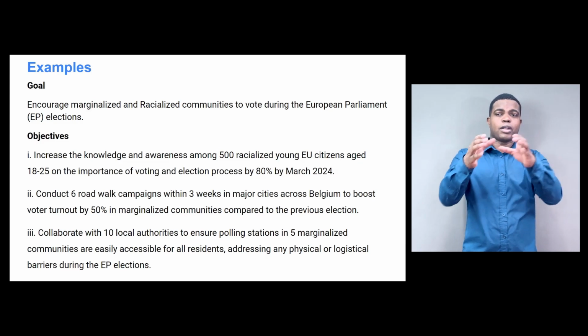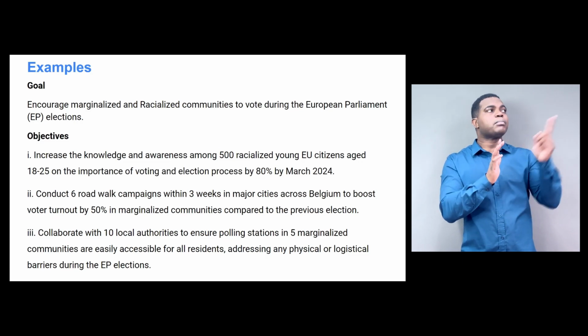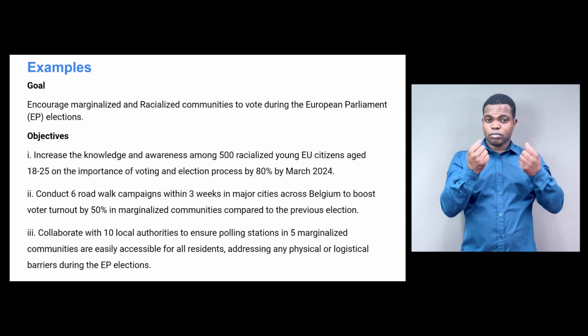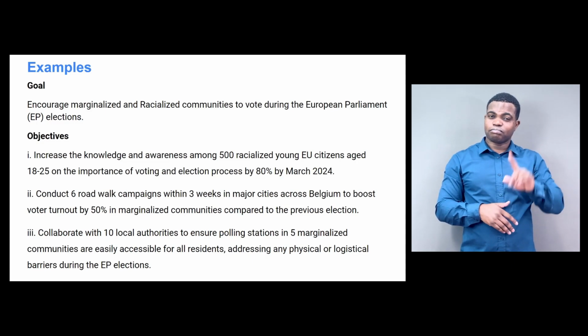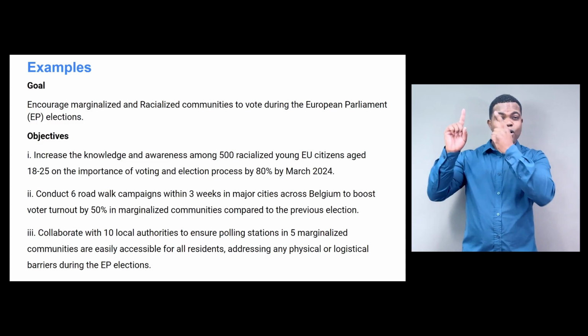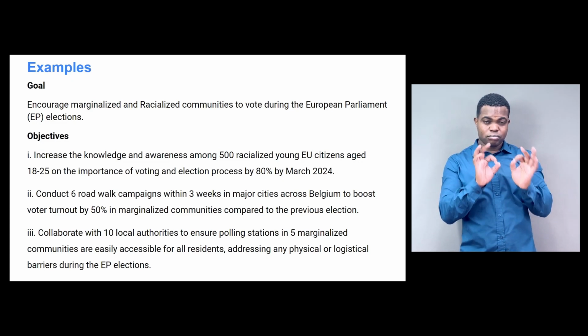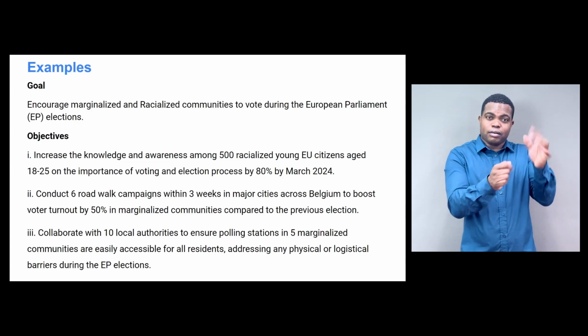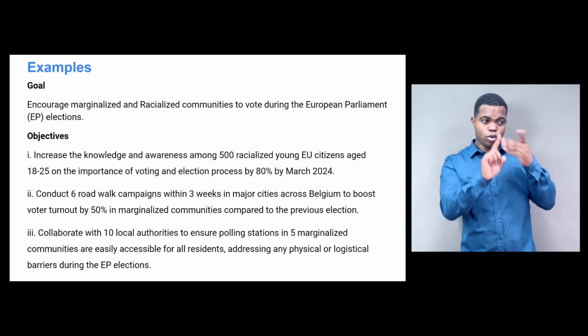Does it align with the goal of other stakeholders too? So let's say other key stakeholders, for example, your funders. So your funder here is Diaspora Vote. So your objective here, is it realistic? Does it align with the goal of your stakeholder, with the goal of your own team members?